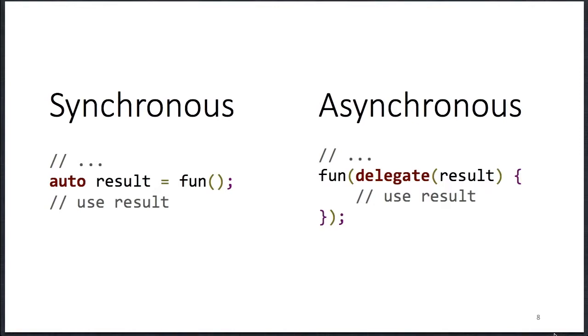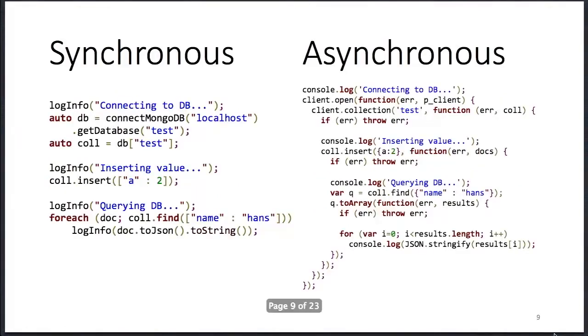So function execution continues after the last statement. But that delegate will be called when the condition has been fulfilled. So there are some advantages and disadvantages to each model, but as I'll show you, this is pretty much equivalent code.